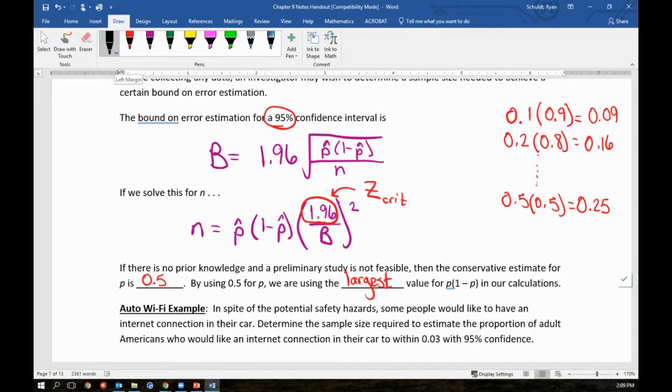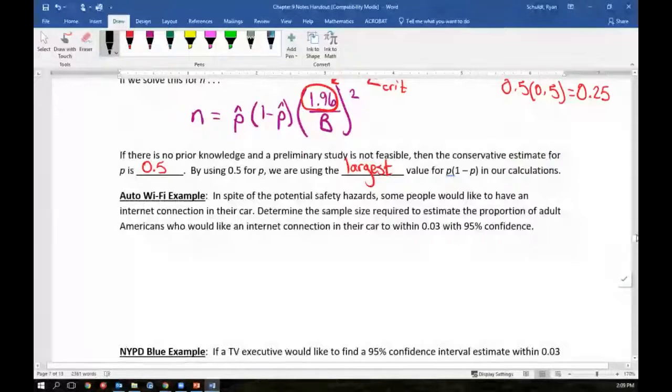Now, on these problems, once we know our formula, it really just becomes a plug fest. So let's look at this next example and you'll see what I mean. In spite of the potential safety hazards, some people want to have internet connection in their car.